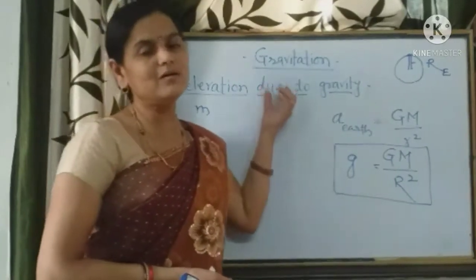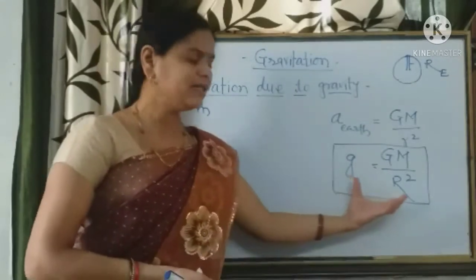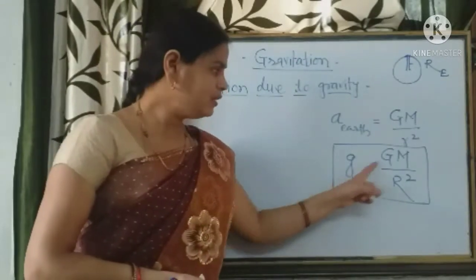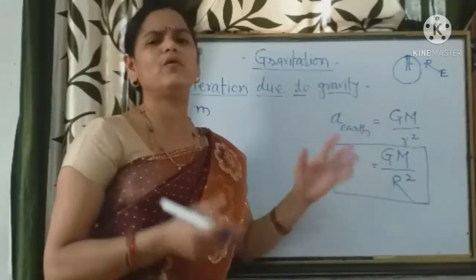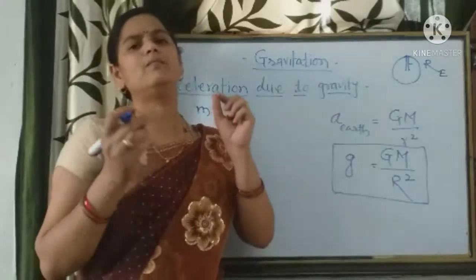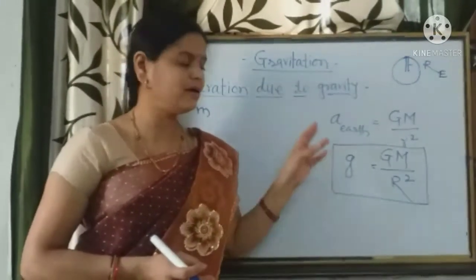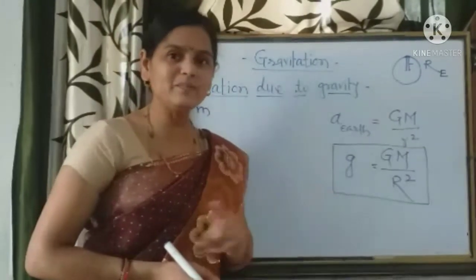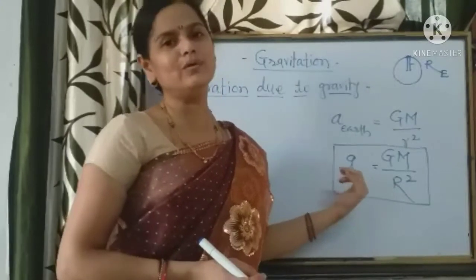It means they fall with the same acceleration. That is what is proved here with this formula: g is independent of the mass. Whether a huge body or a body of very small mass, both get attracted towards the earth with the same acceleration, and this acceleration is nothing but acceleration due to gravity.